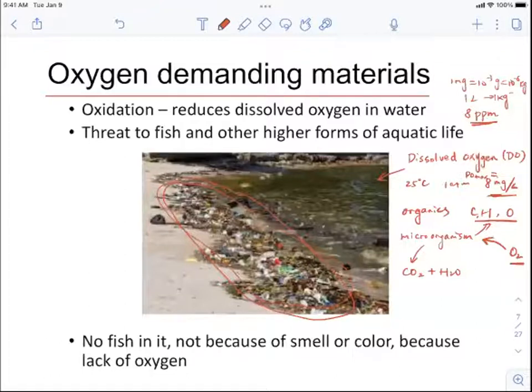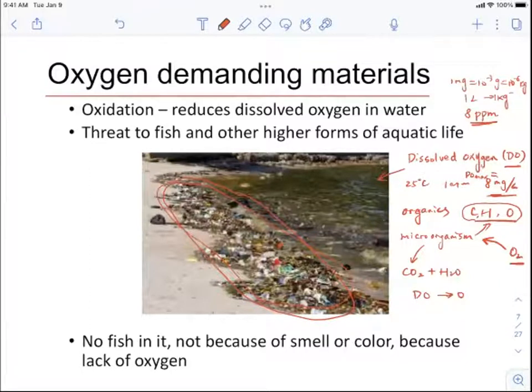So now it comes with a problem: if we put too much of the organics into the water, then these microorganisms are going to consume them, and it's also going to reduce the dissolved oxygen concentration. If we put too much organics in there, it's going to consume all of the oxygen. So basically DO will get to zero. Once it gets to zero, it's going to wipe out all the living organisms in the water, right?